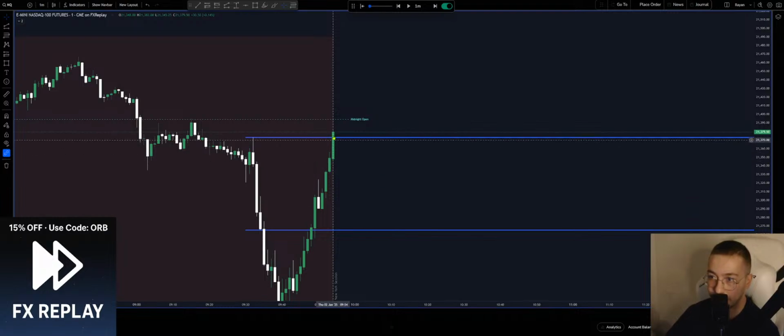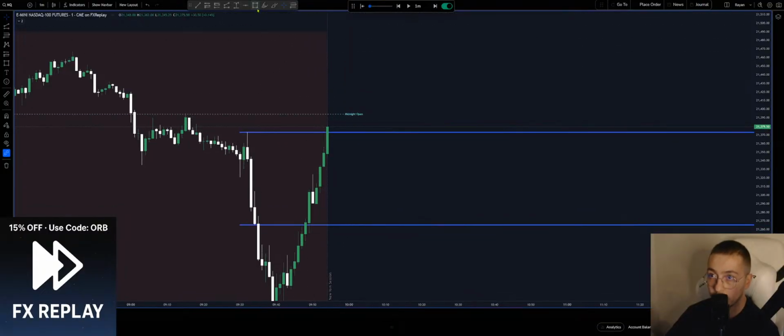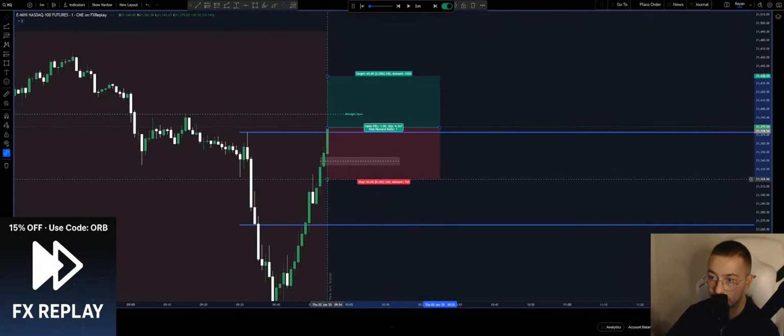The price breaks above the range, all right? That's first. So our bias is confirmed. Now our entry, where's our entry? So is there a fair value gap behind? That's a fair value gap, right? Then your entry is gonna be here, and your stop loss is here.